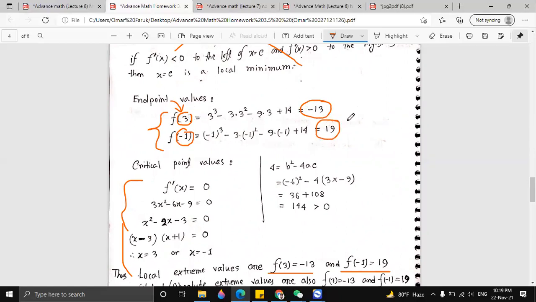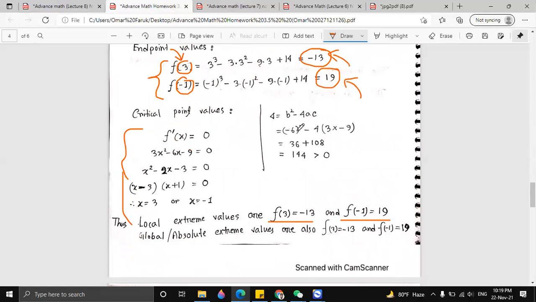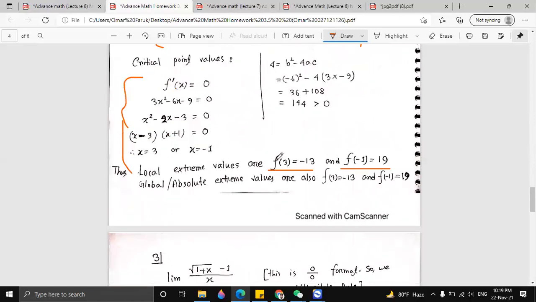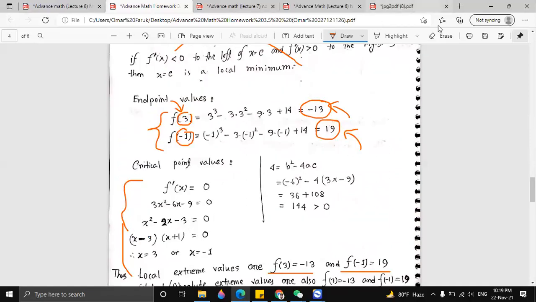So we have the lowest number here, that is minus 13, and our highest number, that is 19.